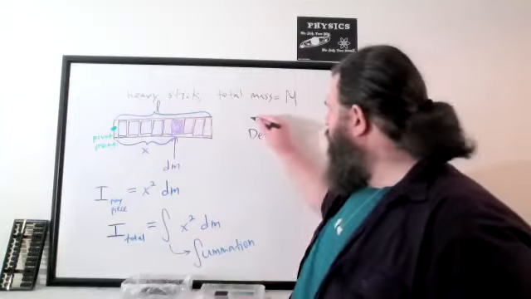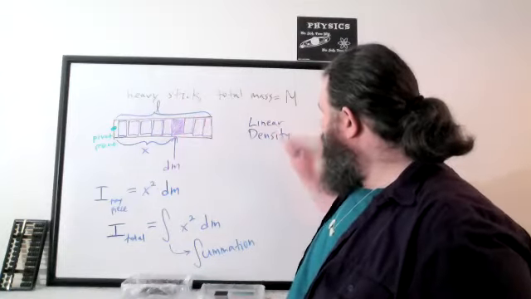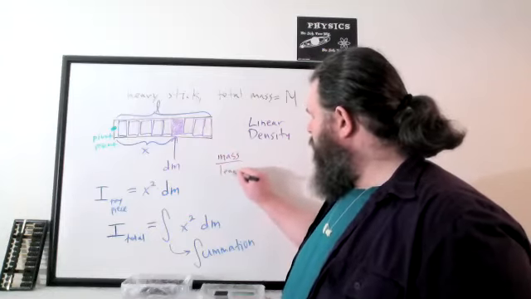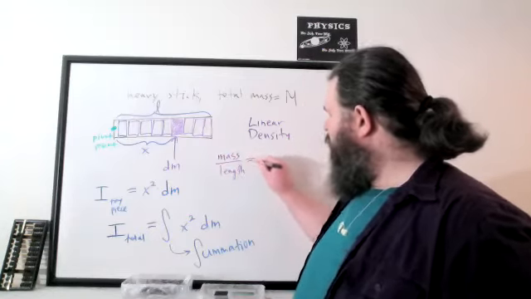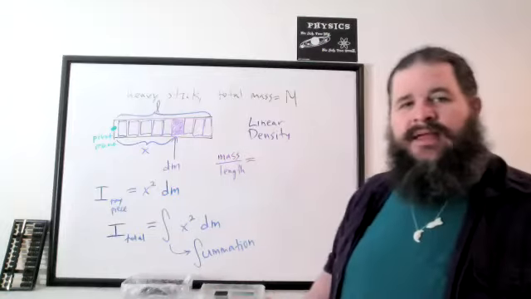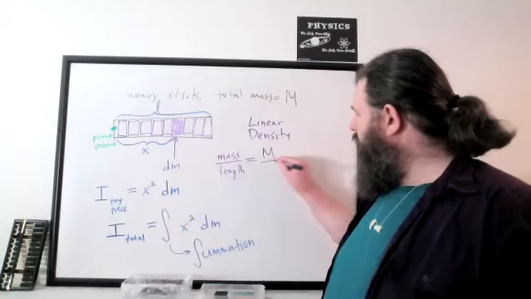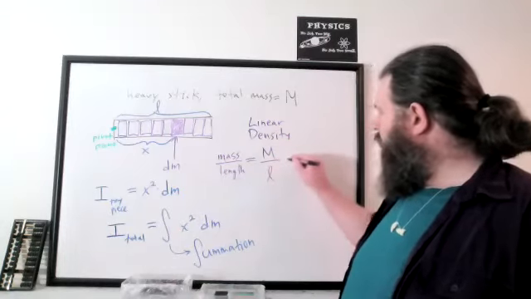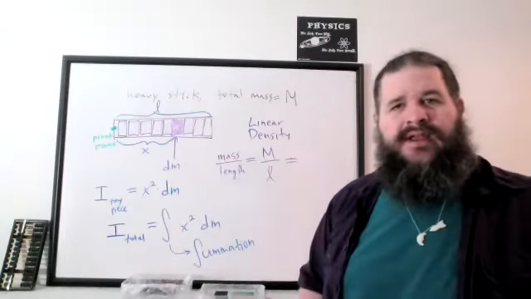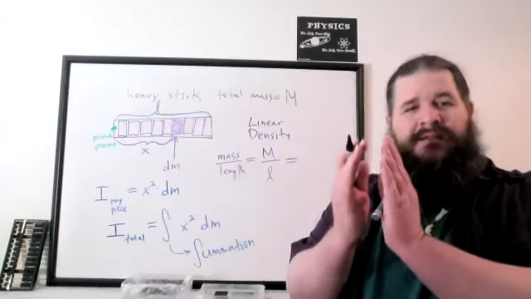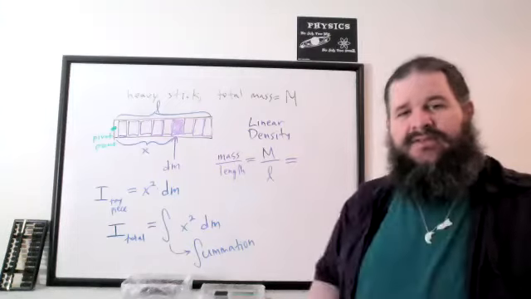So let's use what we call linear density, which is mass over length. We could look at this as the total mass divided by the total length. But if we're assuming uniform density, then the total mass over the total length should be the same as the mass of any piece divided by the length of that piece.